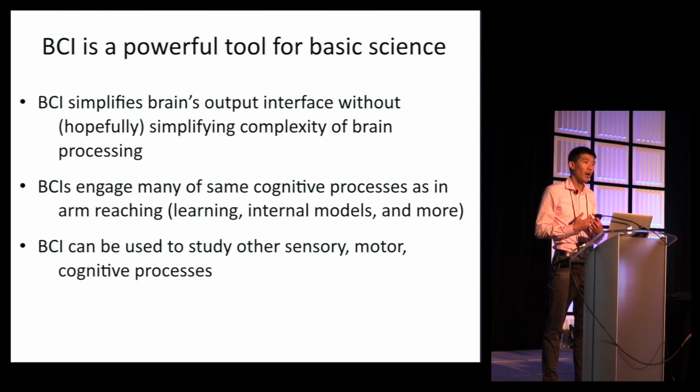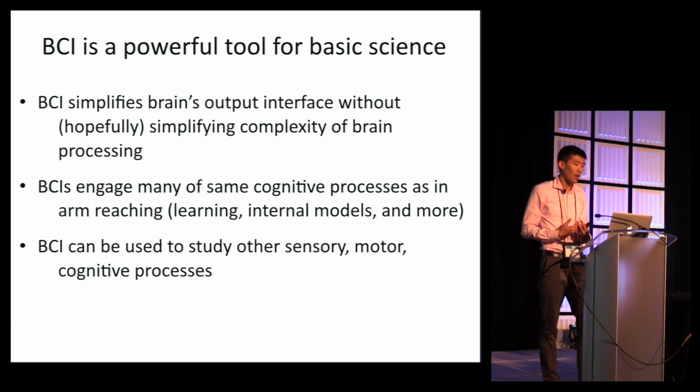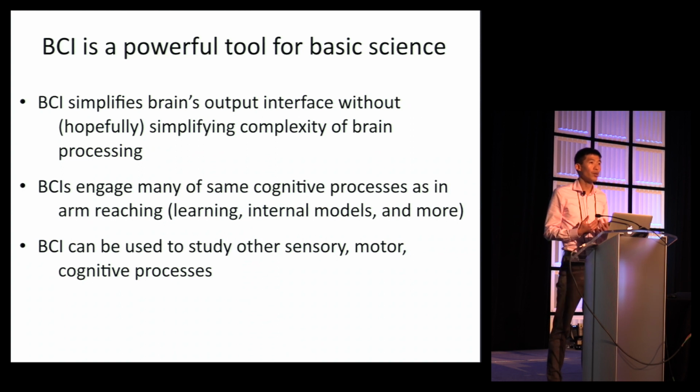And through ongoing work in our groups as well as other groups in the field, we're starting to see that BCIs engage many of the same cognitive processes as in arm reaching or eye movements, in particular, questions about learning, internal models, and more. And even more broadly, BCIs could perhaps be used in other systems, outside of M1, to study sensory, motor, and cognitive processing.